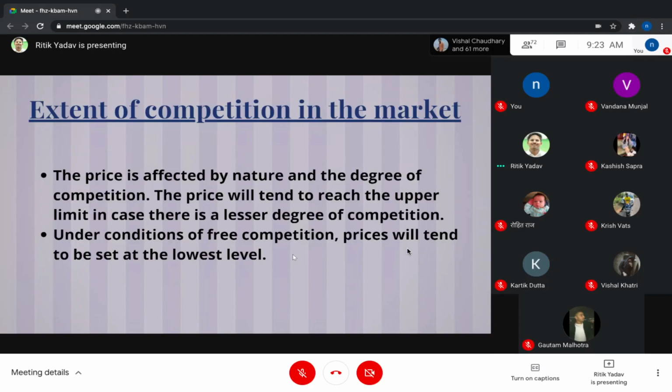Second, under the conditions of free competition, price will tend to be set at the lowest level.